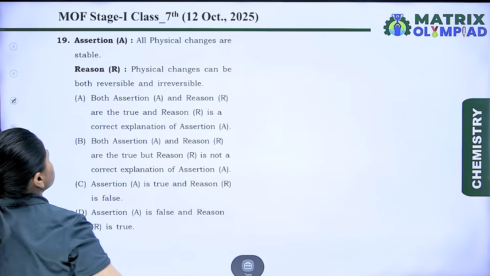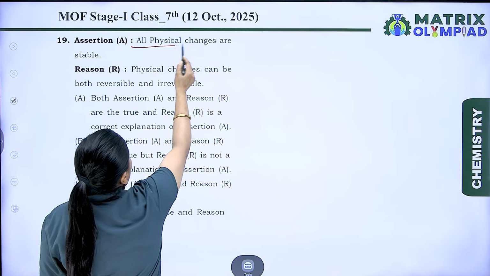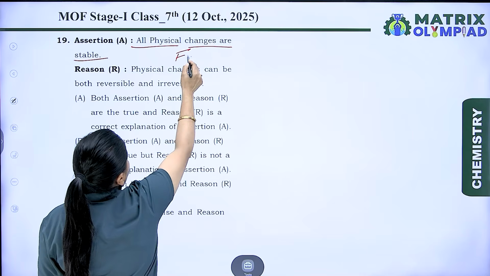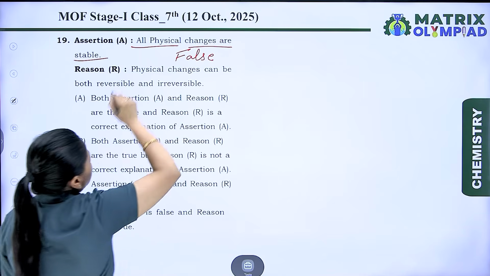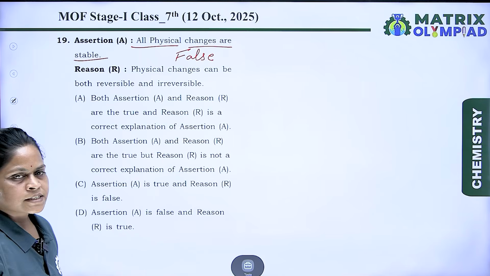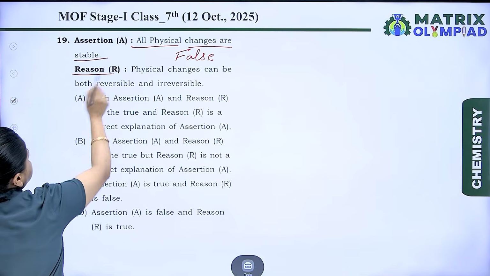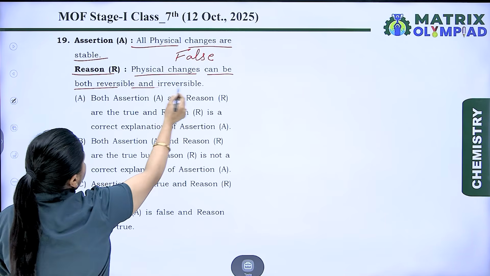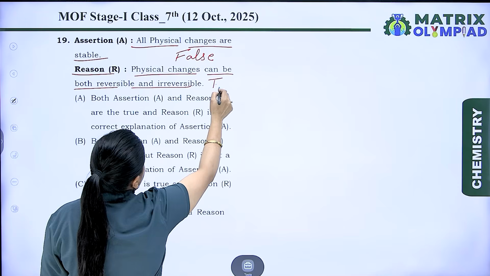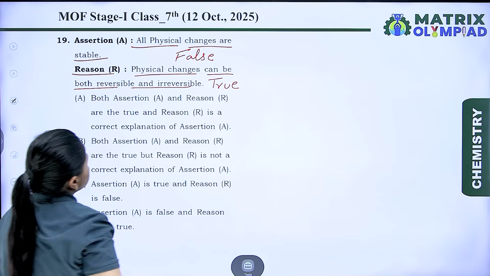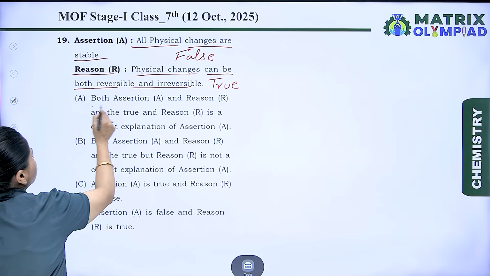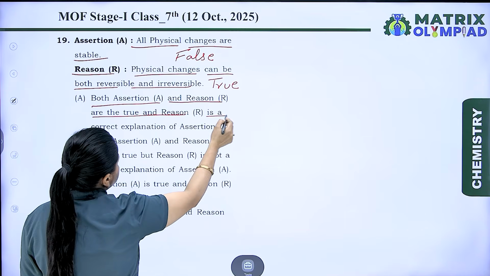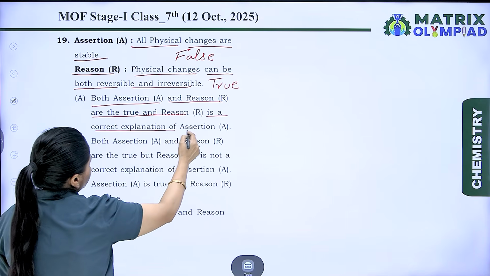This is again assertion reason. Assertion. All physical changes are stable. No, this is a false statement. All physical changes are not stable. Reason. Physical changes can be both reversible and irreversible. Yes, this is true. Let's take the options. A. Both assertion and reason are true, and reason is a correct explanation of assertion.